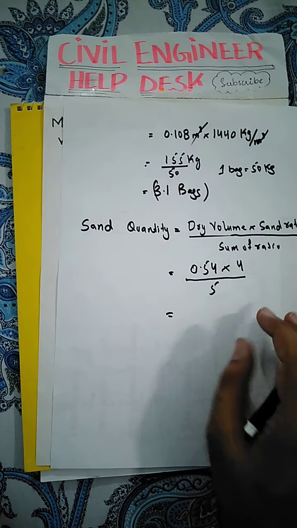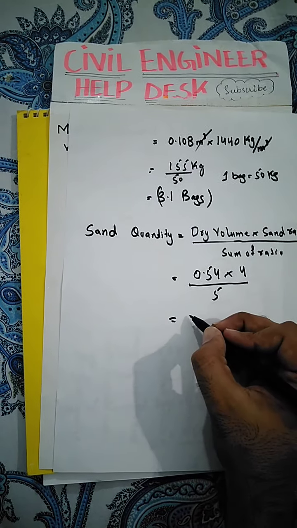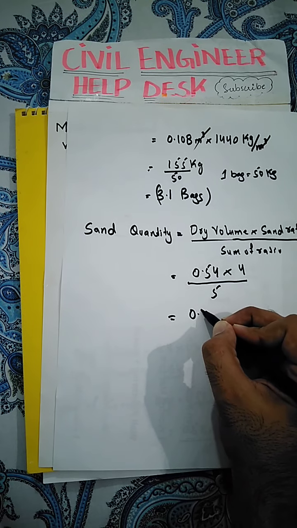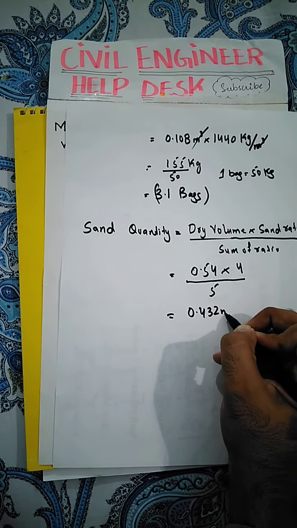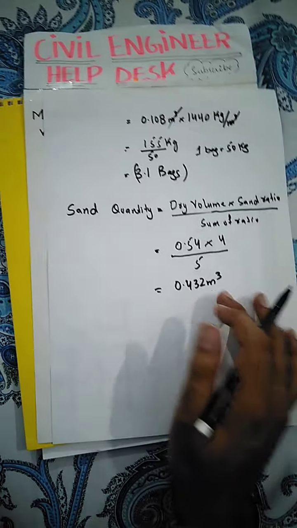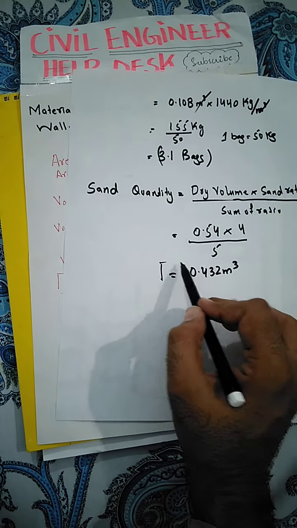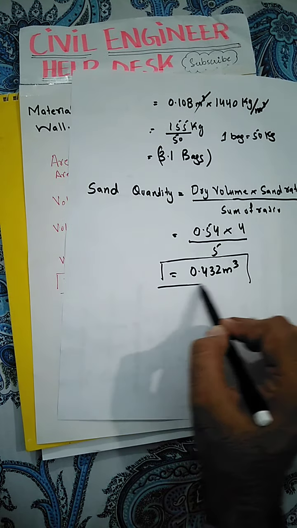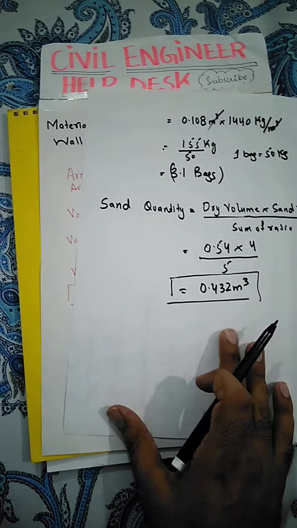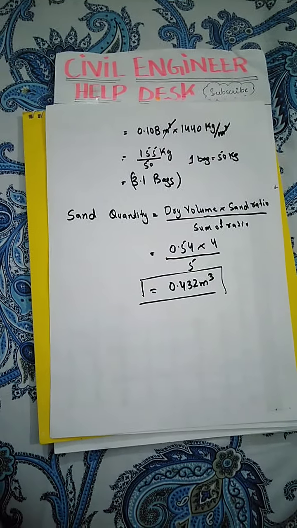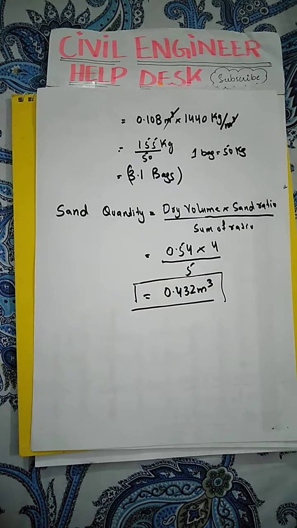After calculating, multiplying and dividing, we get 0.432 cubic meter. This is the quantity required for plastering of 20 square meter wall.